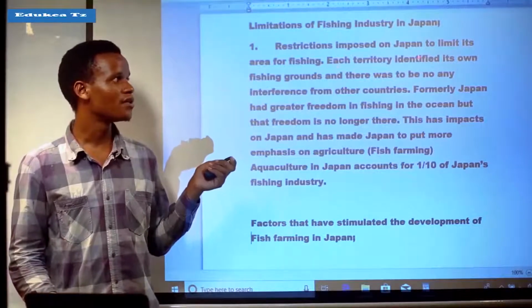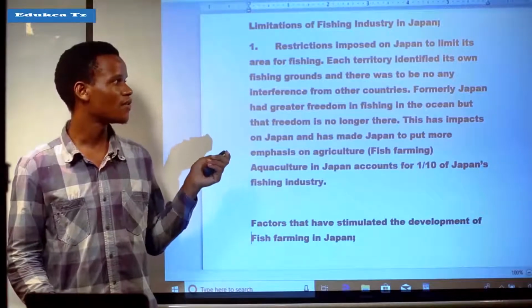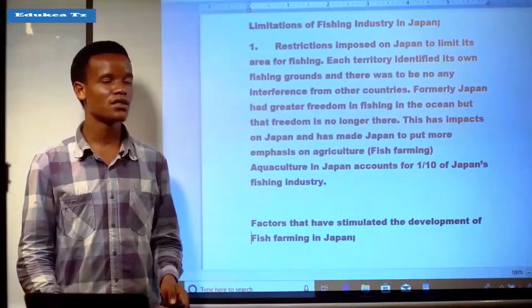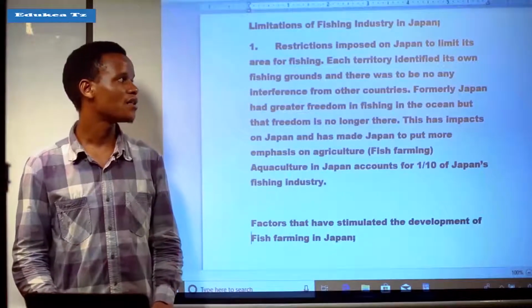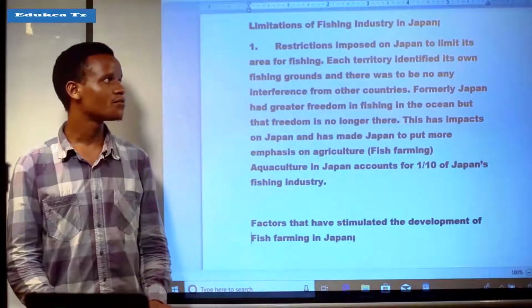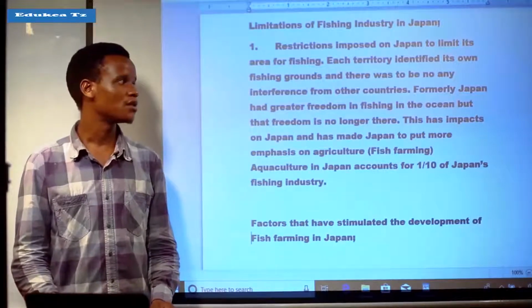Each territory identified its own fishing ground, and there is to be no interference from other countries. So here we see those restrictions or barriers put on Japan by other countries tend to discourage the development of the fishing industry in Japan.